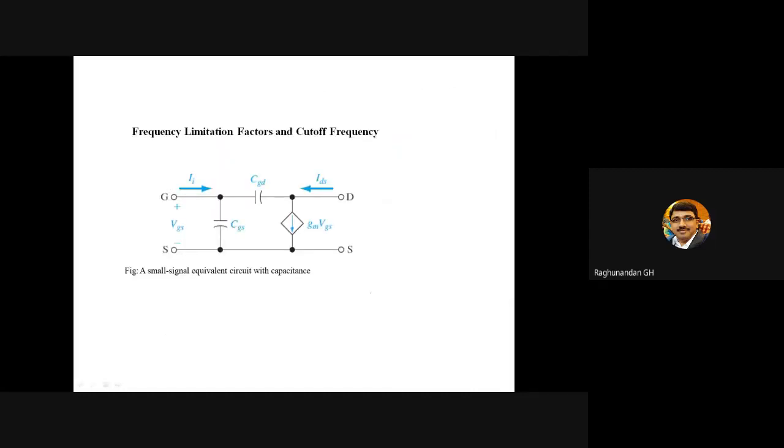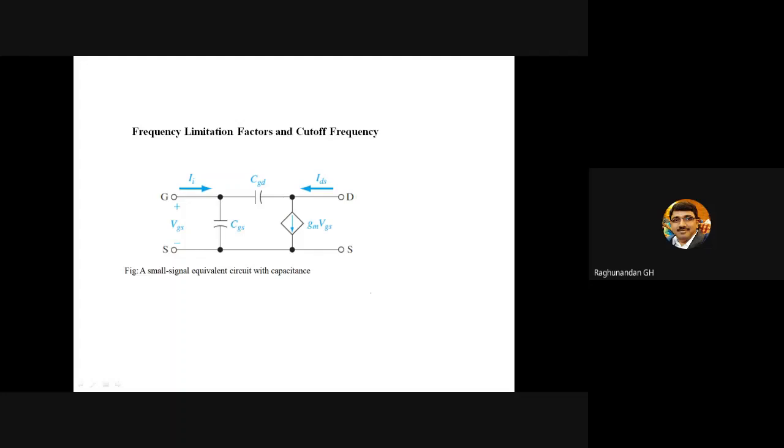After this, frequency limitation factors and cutoff frequency. So we know about frequency and capacitor. Can anyone tell me, frequency and capacitor, are they directly proportional or inversely proportional? Inversely proportional, sir. They are inversely proportional to each other.